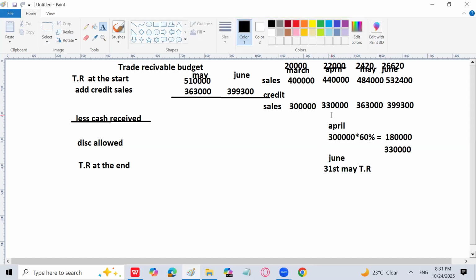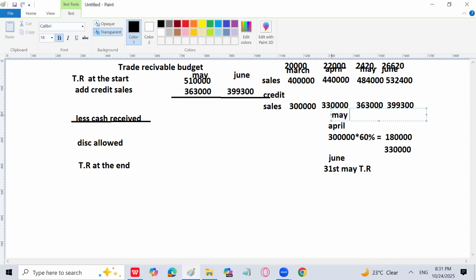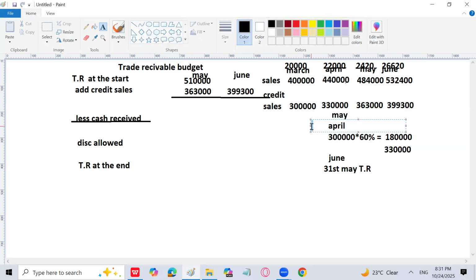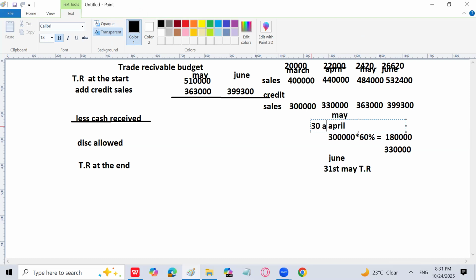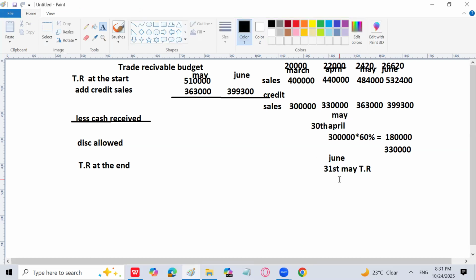Okay. Now let's move on. So 1st June, how many trade receivables we have, which are the trade receivable on 31st May. So let's talk about 31st May trade receivable. Let's start from the very scratch.